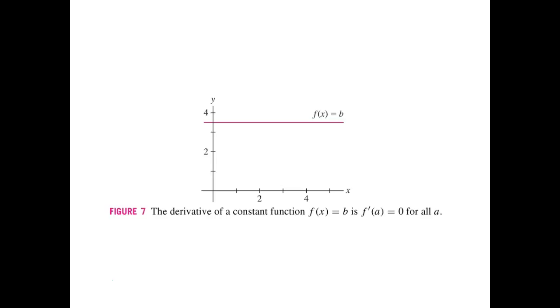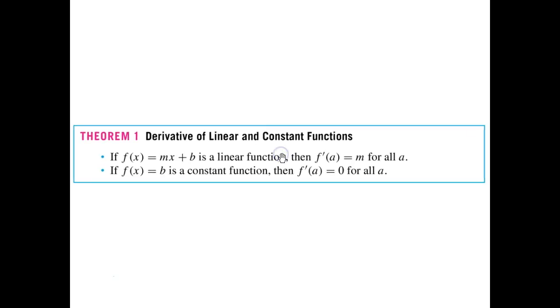Okay. So in summary, let's go back to this. Here are two really good little rules to keep in mind. This is your Theorem 1: the derivative of a linear and a constant function. If f of x is equal to mx plus b, that's your linear function, then f prime of a, the derivative, no matter what a is, for all a, is always m.